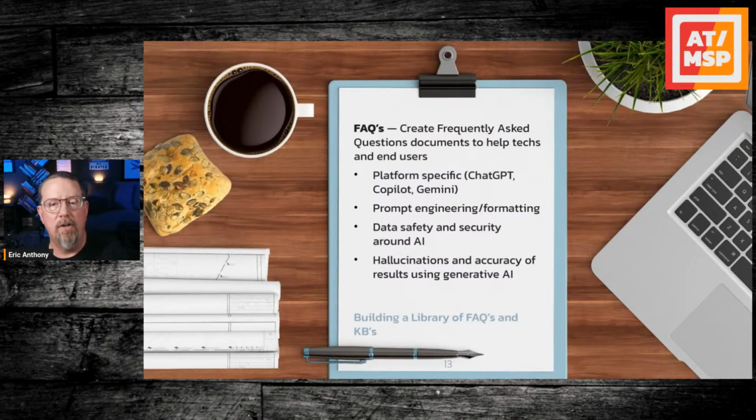Data safety and security around AI. How-to guides are great, but it's always good to have specific FAQs, especially by platform. And there's a lot of probably security information that you may want to have in a KB article that you wouldn't necessarily put into an FAQ for end users. And then probably an FAQ on hallucinations and accuracy of results, especially when they're using generative AI.